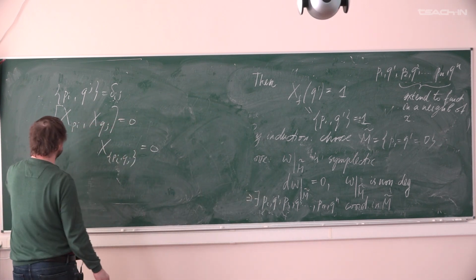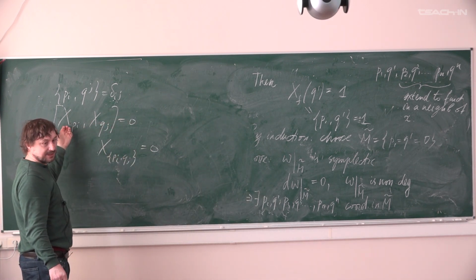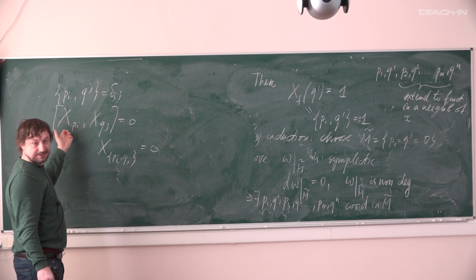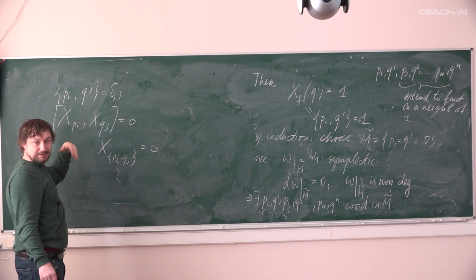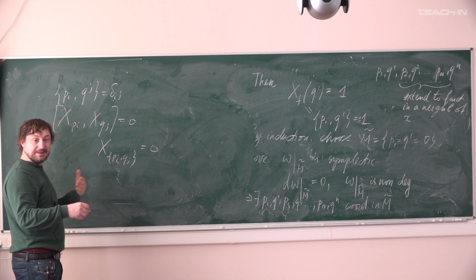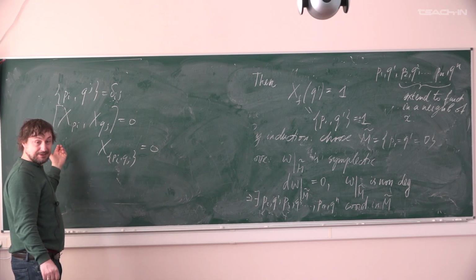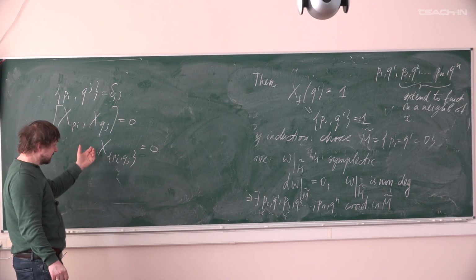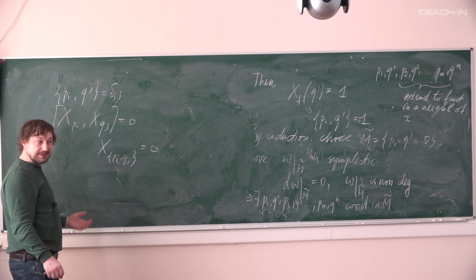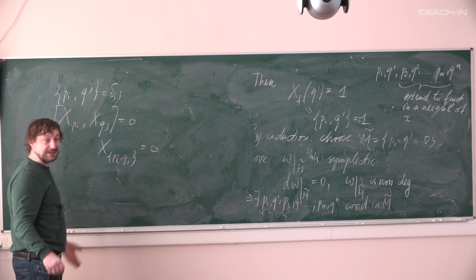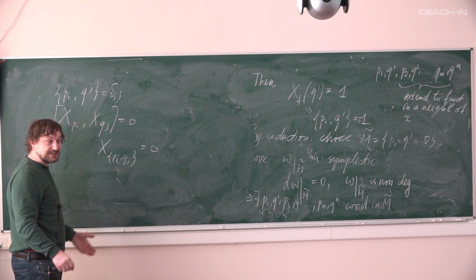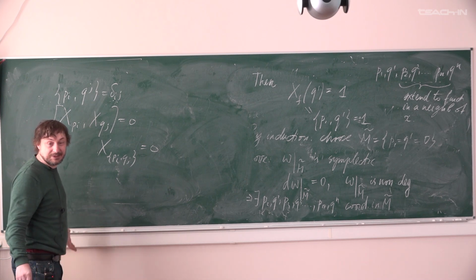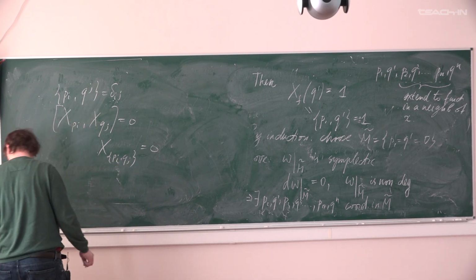So what I actually did, you can regard it like this: I constructed these vector fields locally. I can always do this locally, but it's some technical result. But then, since they commute, you can integrate them to coordinates, and that's it. But that's not the case in the Riemannian situation.